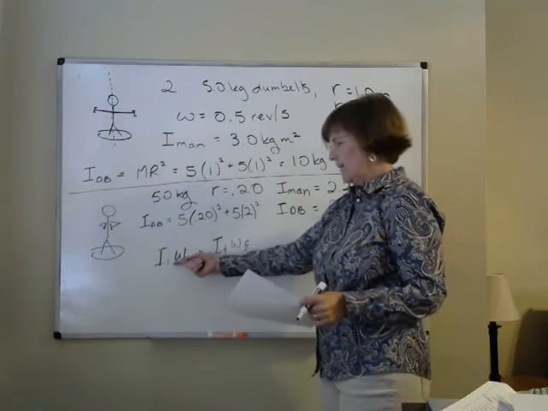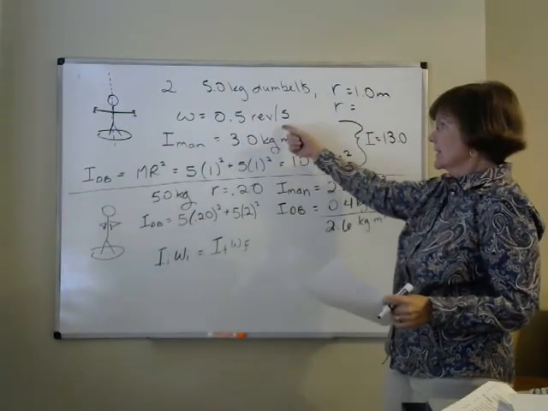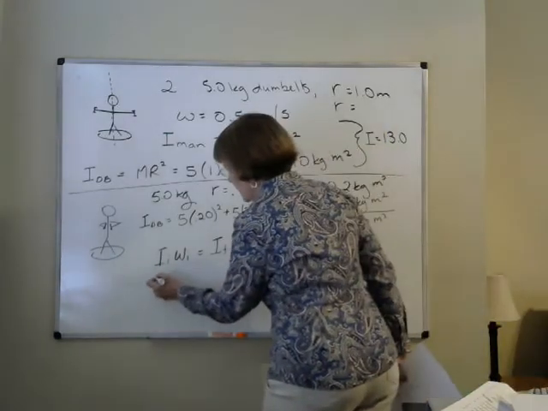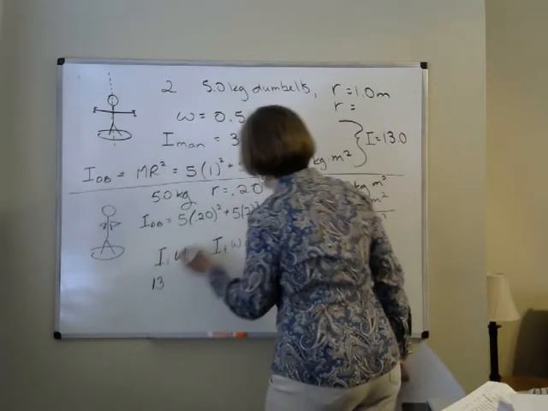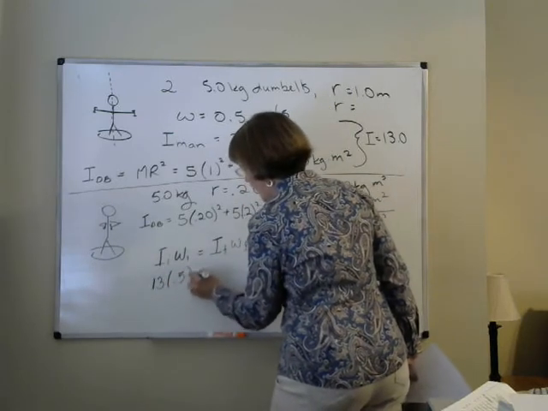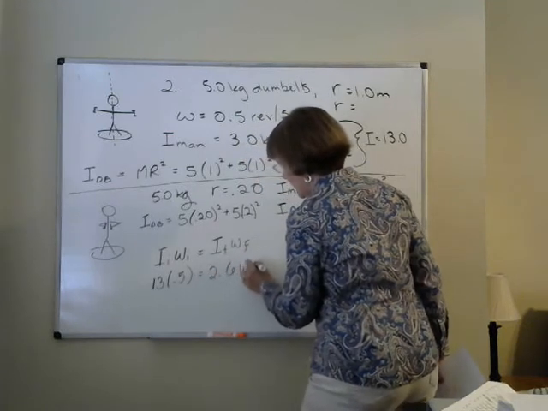Whatever unit we have here, that's the unit we'll get here. We can leave this as 0.5 revolutions. So I've got 13 times 0.5 has to equal 2.6 times omega final.